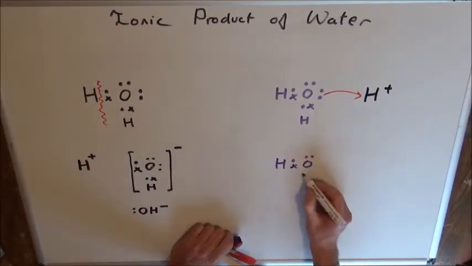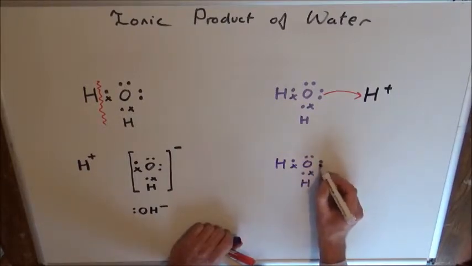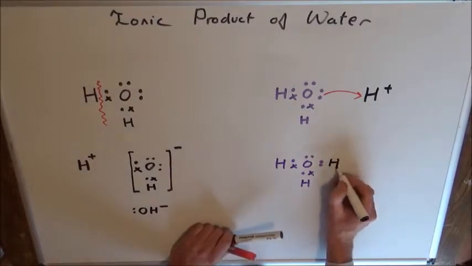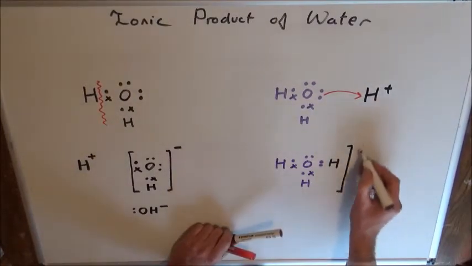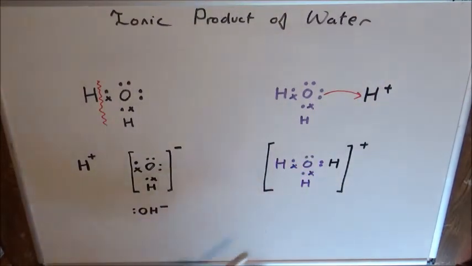So this is what we have. Those electrons now are the covalent bond to the hydrogen, but we still have a positive charge because there is an overall positive charge in all of that. We've not added any electrons.